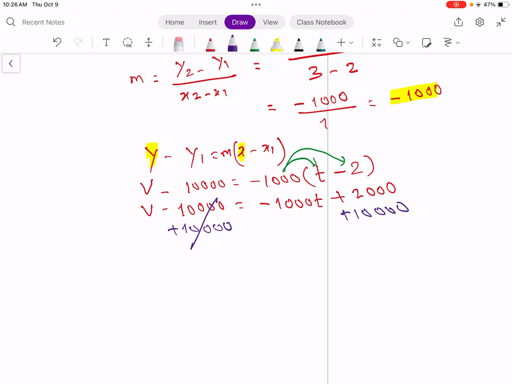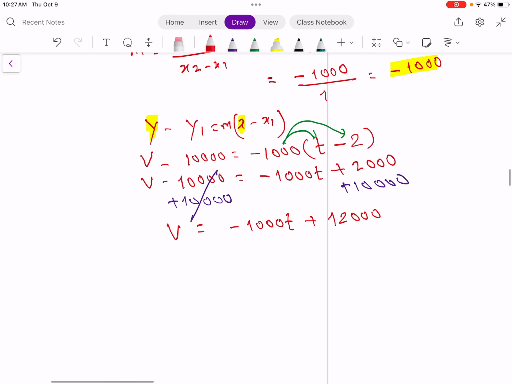So V equals negative 1000 T plus 12,000, where V is the value of the printer.